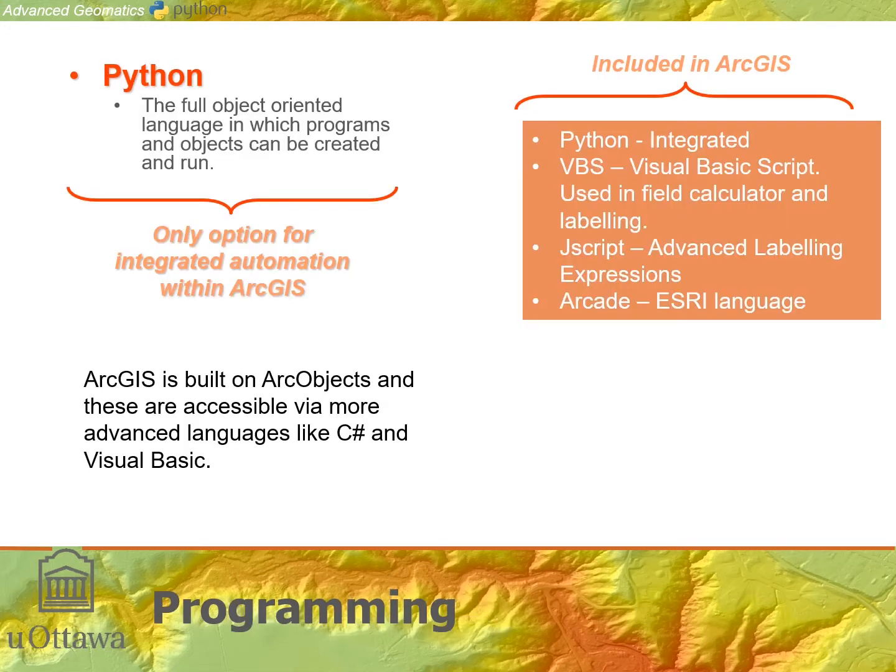Python is a full object-oriented language, and we'll be using Python 3.7 or something around that. Anyway, a Python 3 version. As long as we're using that, we'll be fine. The library of functions exposed by ArcGIS Pro to do things like clip layers or any geoprocessing commands are all built on what are called ArcObjects.